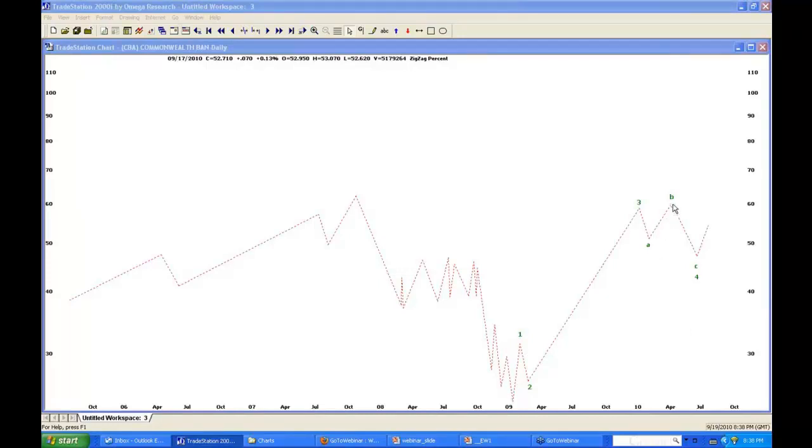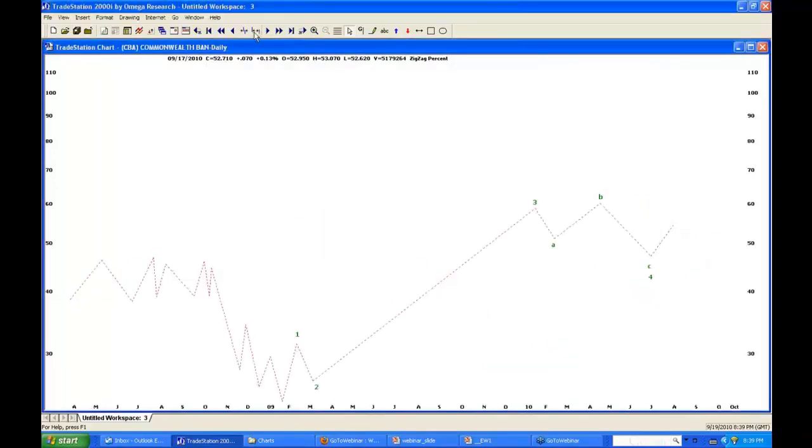There is an argument, and perhaps it's an argument we have used in the Chartist, that this was a truncated wave 5. And we've used that argument because potentially of the broader market view. Remember, what we try and do with the broader market view is apply it to the individual stocks as well. We try and align them all up. But if I was to look at this particular chart without the broader market view, that to me is a bullish chart.